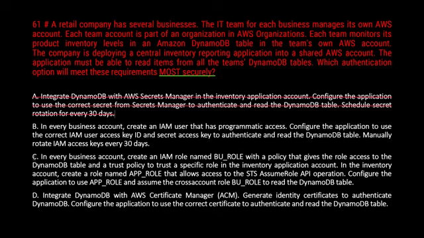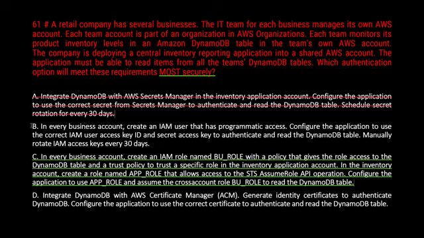Why we went through all this is because it gets complicated when you have cross account access. Here it is talking about creating an IAM user and configuring the application to use the correct IAM user access ID and secret. No, access IDs and secret keys are never a secure way, so cancel that out. Then these guys are talking about Certificate Manager, which has nothing to do with authenticating, so cross that out, and you will end up with option C. Whatever I explained till now is from here.